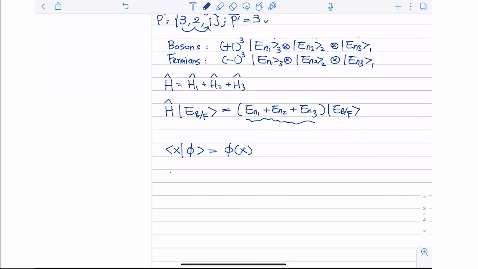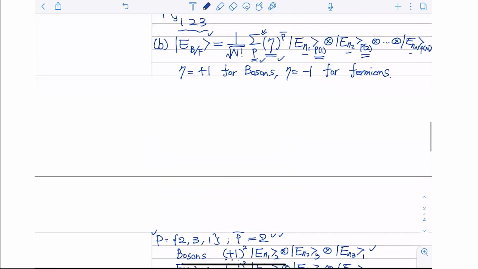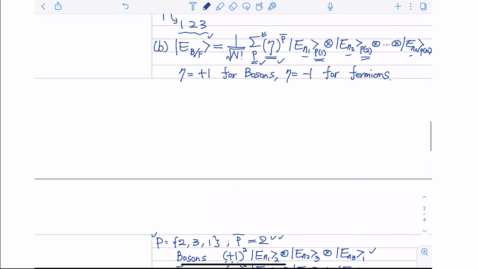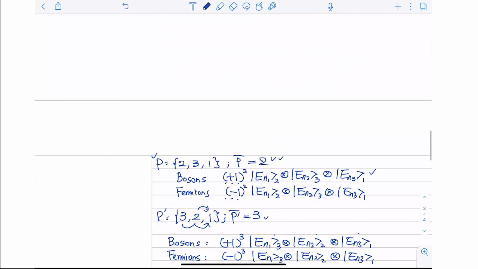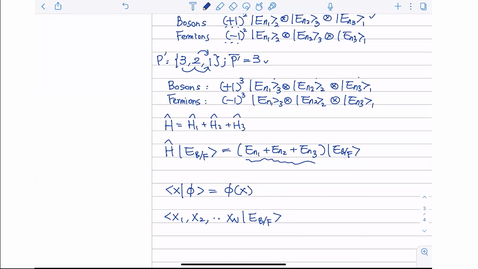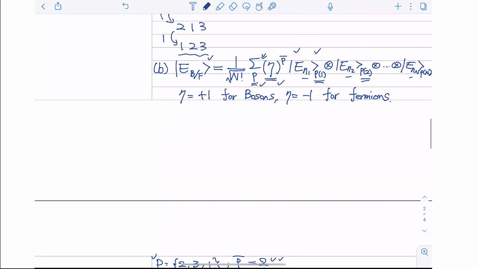So in this many-particle case, you use the bra of x1, x2 to xn, which represents the coordinates of these n particles, with the wave function that is symmetrized or anti-symmetrized according to the expression we give here. And you can see that because of the symmetrization property, when you swap x1 and x2, the symmetrized wave function will be invariant.